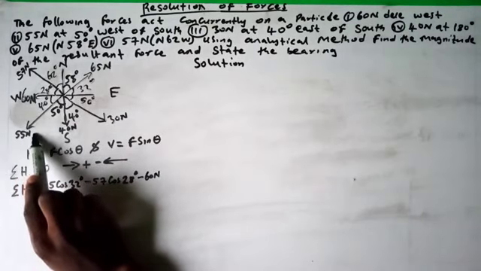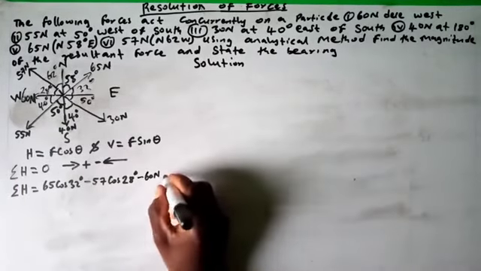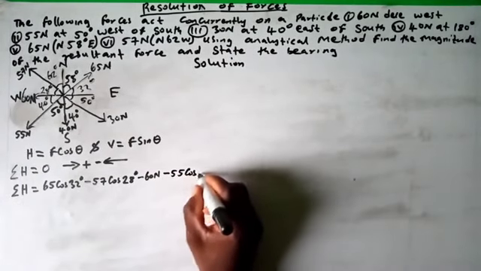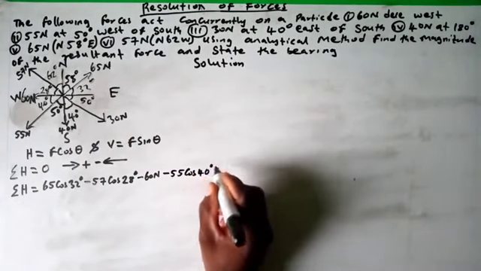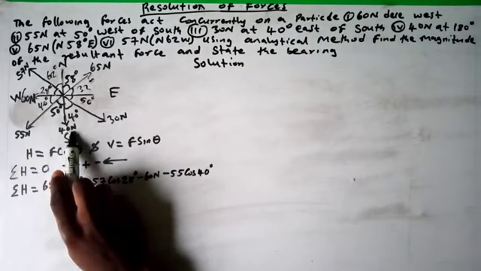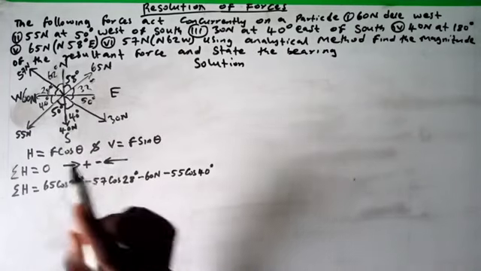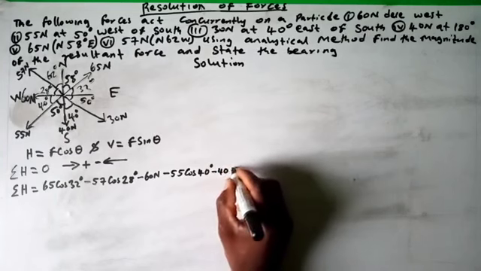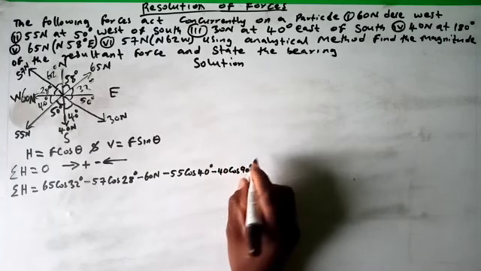Therefore, this 55 Newton is negative. So we have minus 55 cos the angle, which is 40 degrees. This force is 40 Newton. It's a vertical force. It has no horizontal component because cos 90 is 0. So we'll now say minus 40 cos 90.